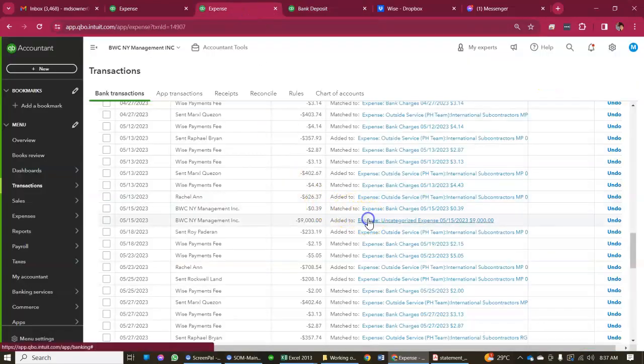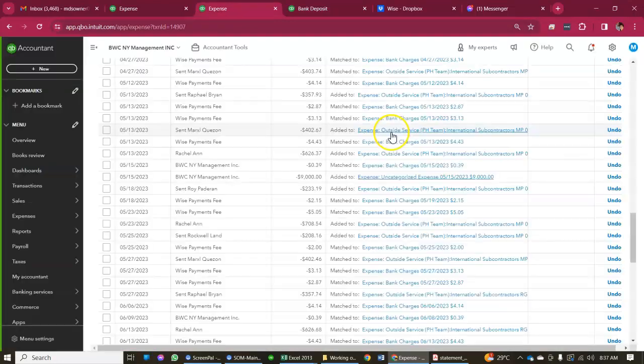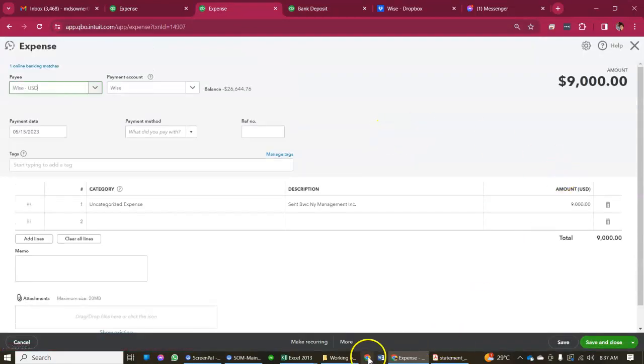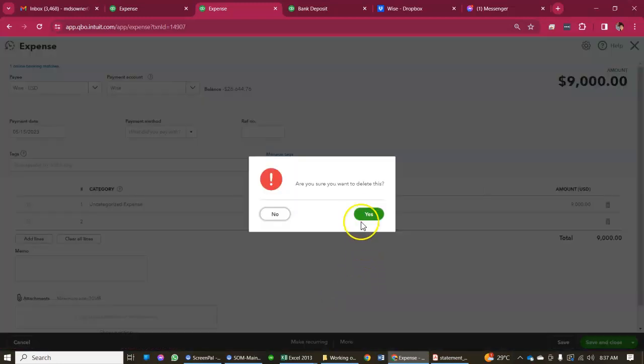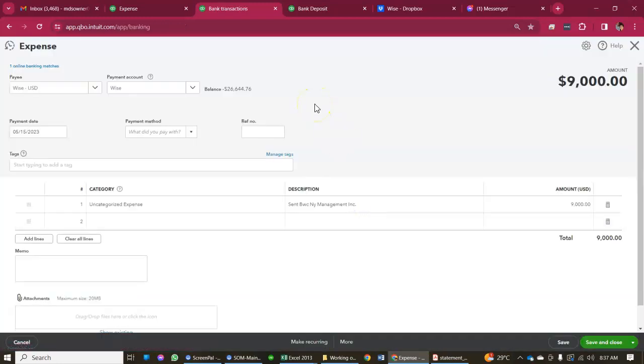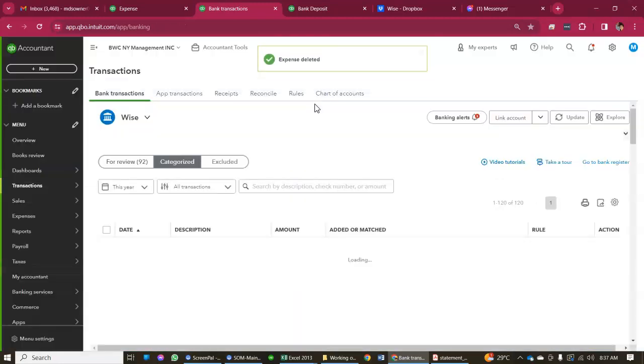So all you need to do is to match this transaction with that created by the 3656. So we just need to delete this one and go back to the feeds and match that with that transaction that is already created.